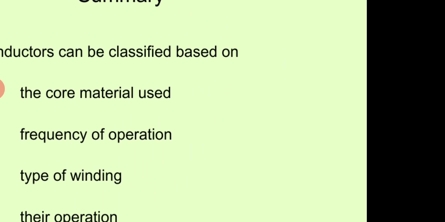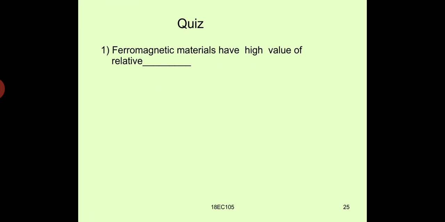Now let us have a small quiz to check our memory. The ferromagnetic materials have higher value of relative dash.